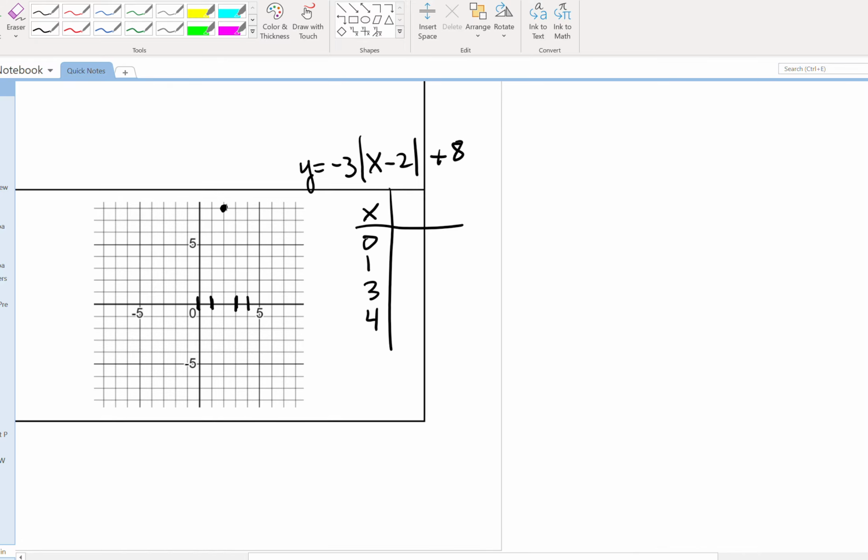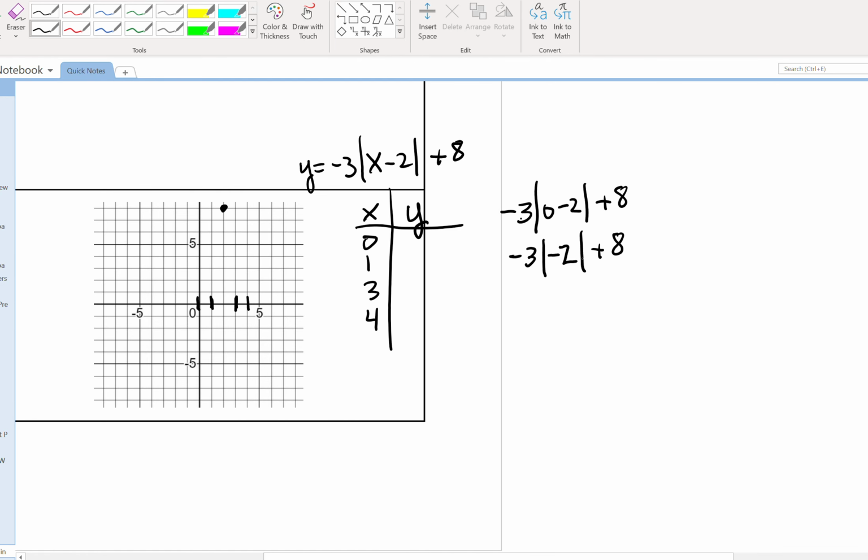So then you just plug these values in. So I've got -3, absolute value, 0 minus 2, close absolute value, plus 8. So then I've got -3 times absolute value, 0 minus 2 is -2, plus 8.